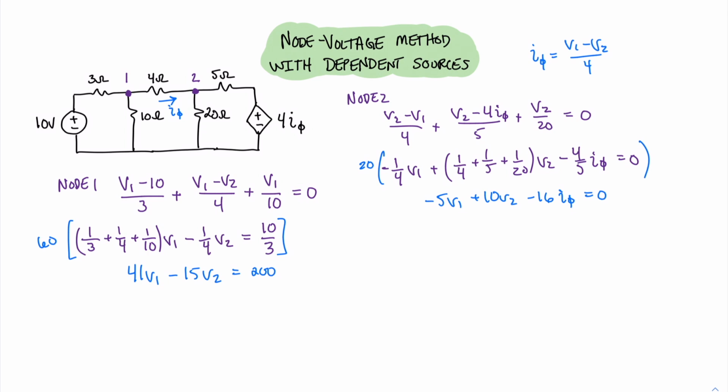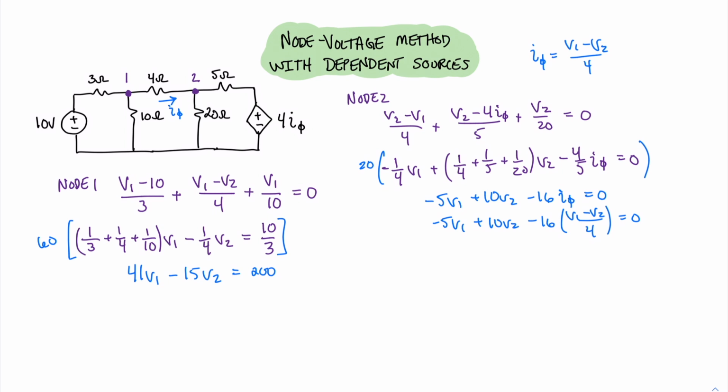Now we can substitute that into the last equation we wrote for node 2, and simplify that equation down. In doing so, we get minus 5V1 plus 10V2 minus 16 times (V1 - V2)/4 equals 0.